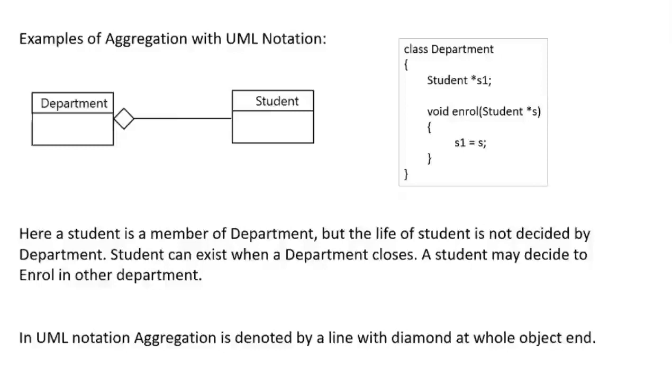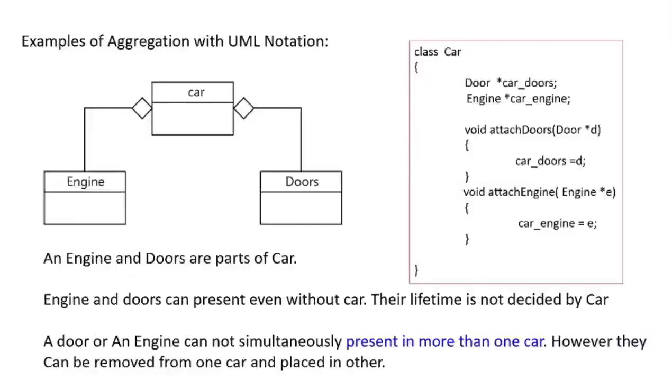So whenever we want to enroll a student, we call the enroll method and we pass the actual object of student to this, and then the actual student object gets assigned to the S1 pointer in this case. So the department is not taking responsibility for creating the S1 student object. The student object is created separately outside the department object, and then it is assigned to a department via the enroll method.